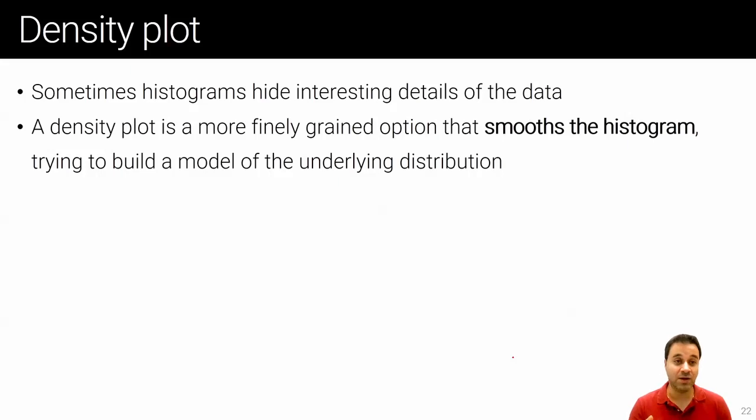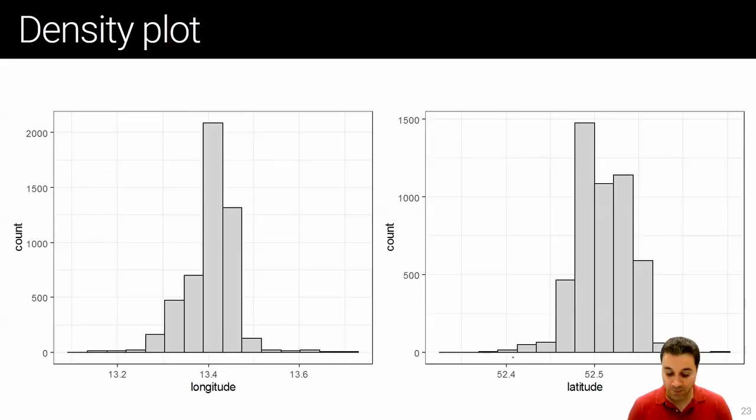And it's doing this by building a model. So underneath the hood, what we have is a statistical model for what the data looks like. I'm not going to talk about it, but just know that we are making a certain set of assumptions when doing this. And so over here in the data set, we have two variables, the longitude and the latitude.